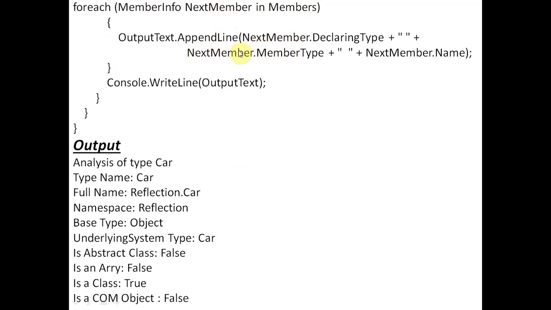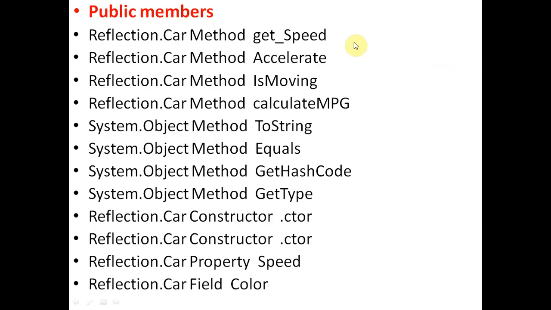So the first member will be stored in next member. First is next member dot declaring type, so its type will be displayed here: reflection dot car. Reflection dot car is the type.